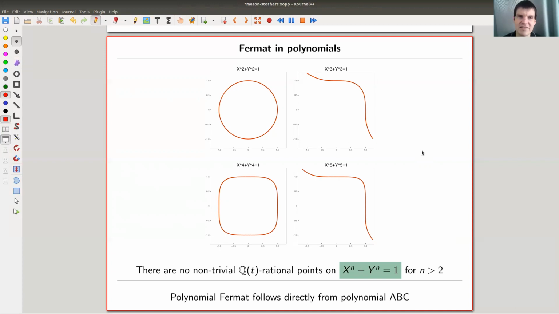And it's really the same statement. You take the Fermat curve, and now you just say there are no rational points, and you can vary your field again if you want the stronger versions of this statement. It's really cute. And it follows directly from the polynomial ABC in roughly half a page, with a link in the description.